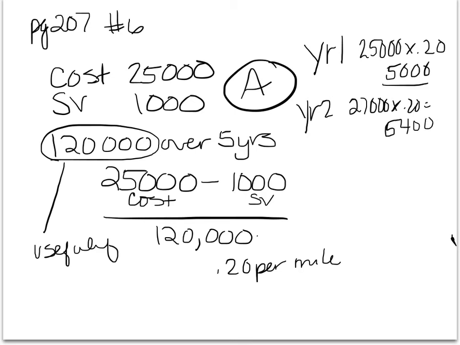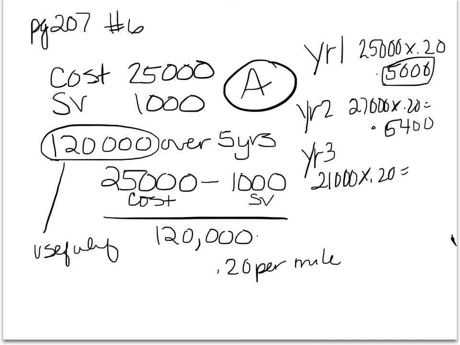So every year you'd be booking a debit to depreciation expense for $5,000 and a credit to accumulated depreciation. In year 2, you would book $5,400 to depreciation expense and $5,400 to accumulated depreciation.